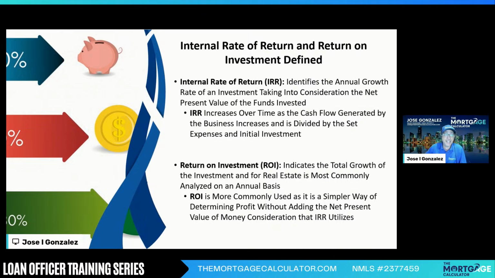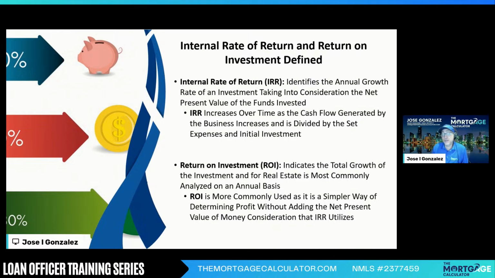So that's the key, because the internal rate of return increases over time as the cash flow generated by the business increases and is divided by the set expenses and initial investment, right?